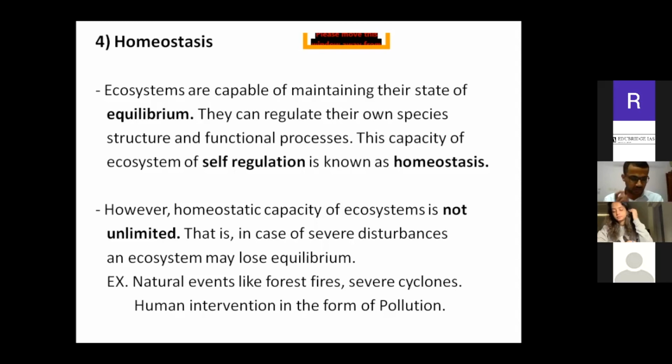Right? Next, the composition of one species decreases and of other species increases.